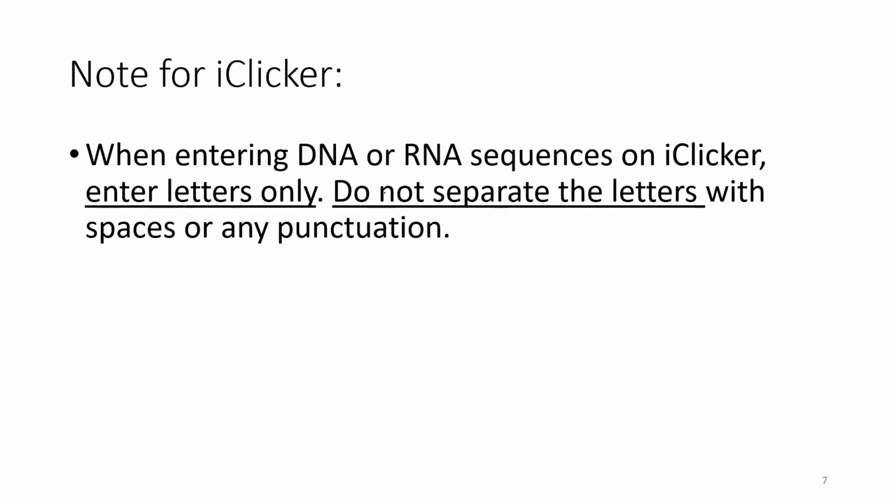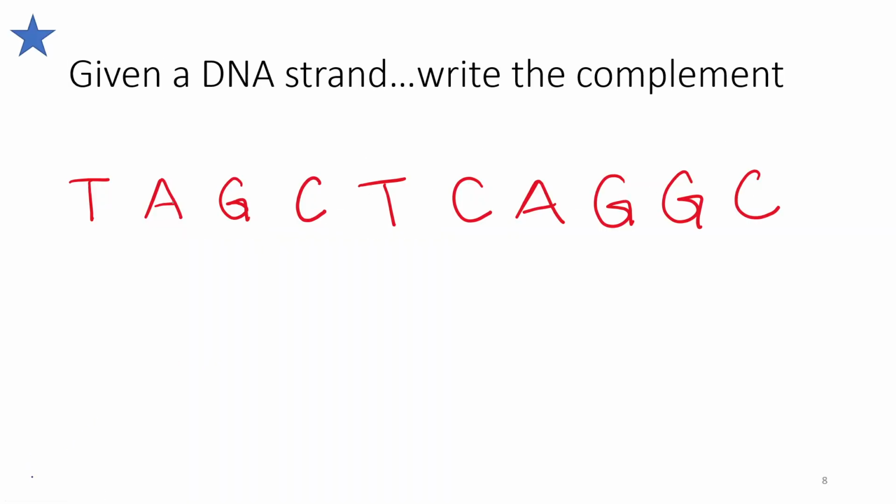Now, when you are entering DNA sequences, just enter letters and don't separate the letters with anything. Just a row of letters is fine. So first we are going to do a practice where we are going to write the complement of a DNA strand. This is our DNA strand, okay?